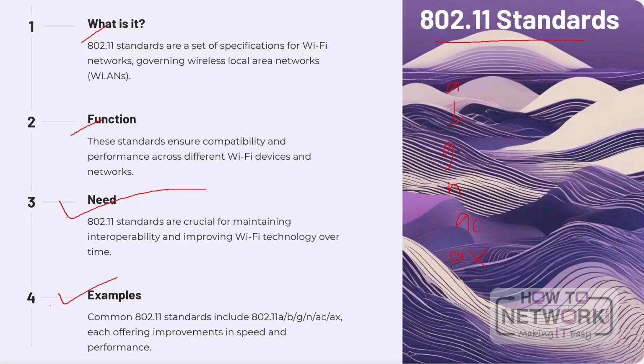Each standard typically builds upon the previous ones, incorporating new technologies and features to enhance performance and user experience. The latest standard is 802.11ax, or what we call Wi-Fi 6, which offers significant improvements in speed, efficiency, and capacity, enabling faster and more reliable wireless connectivity in dense environments.